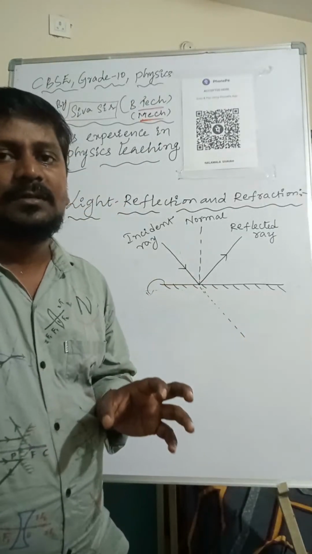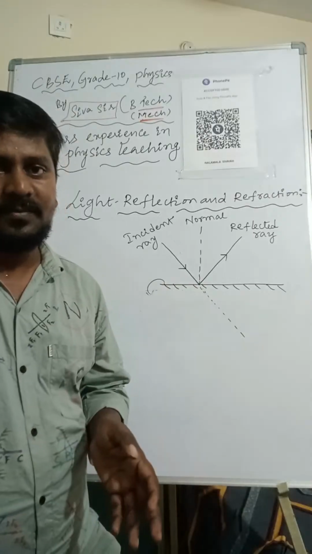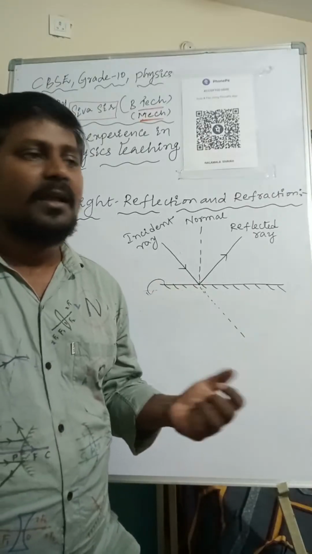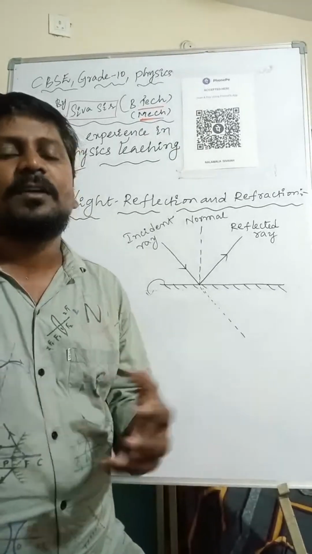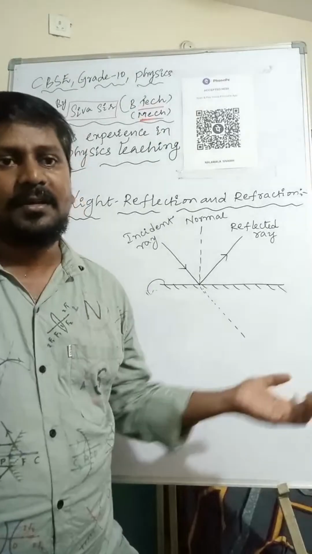Light moves in a straight line path in a homogeneous medium. Homogeneous medium means the properties of the particles are the same in the medium.